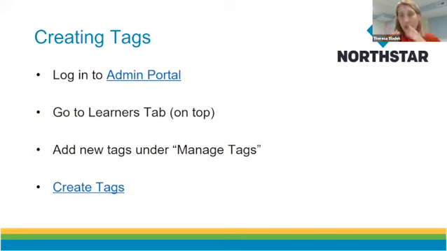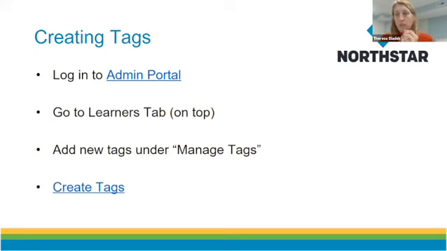You may have other tags that are important to you, like maybe you're looking at people who are coming in for orientation versus people who are in a specific class already. You can create whatever tags are relevant to your organization so that you can see a report on that subset of learners.